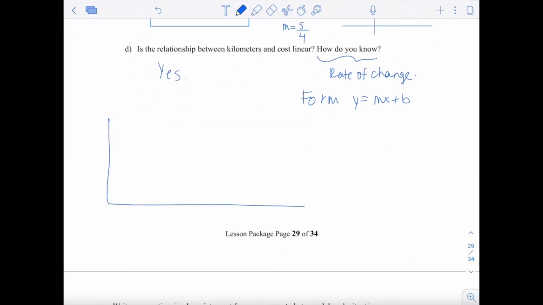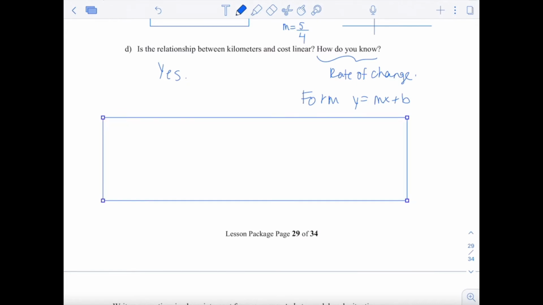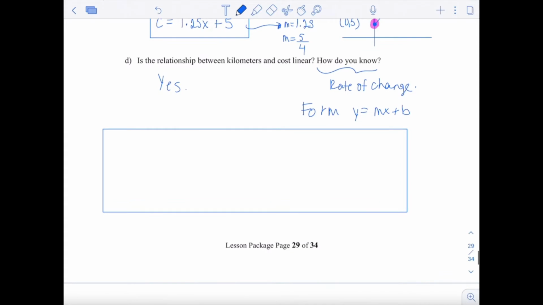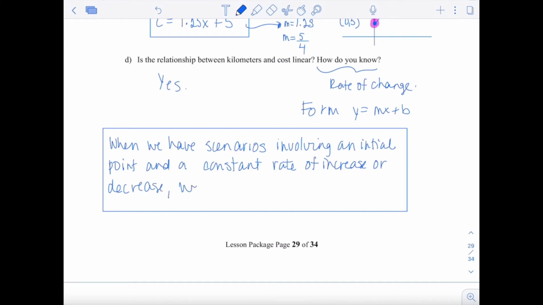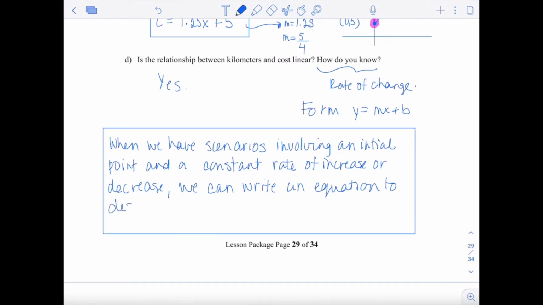So what I want us to make note of, and I'm going to just put a box in here, is that when we have scenarios involving an initial point and a constant rate of increase or decrease, we can write an equation to describe this scenario.